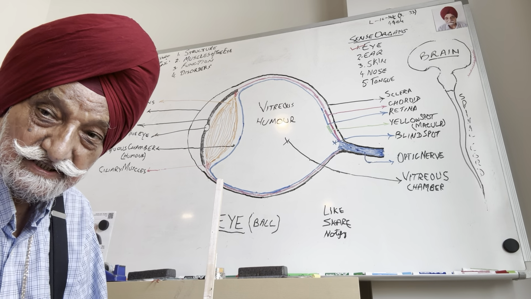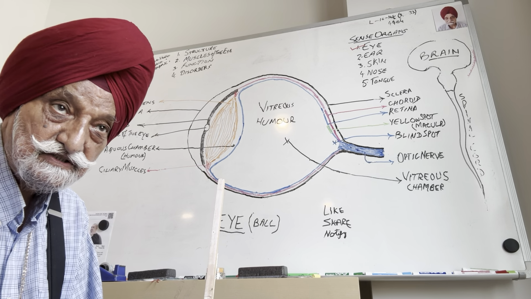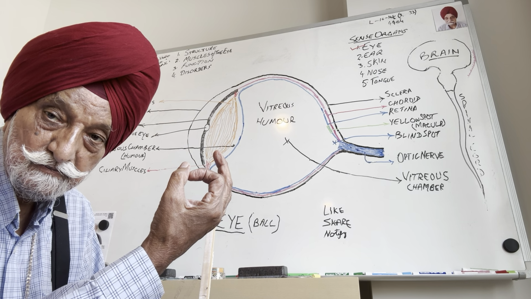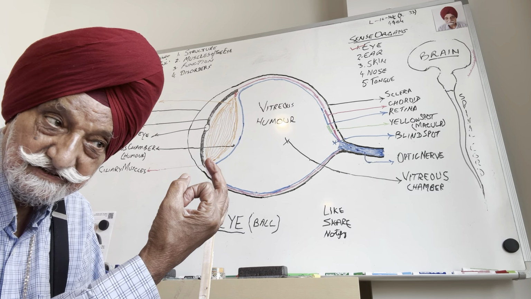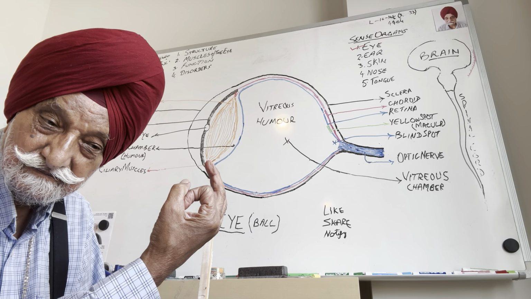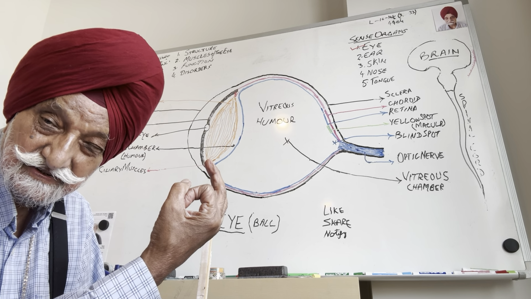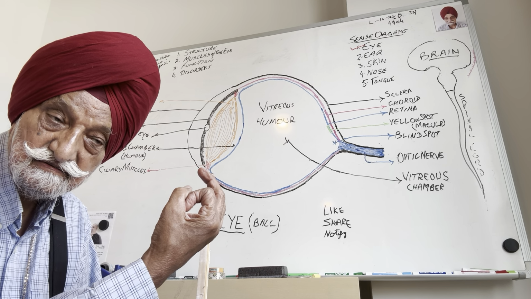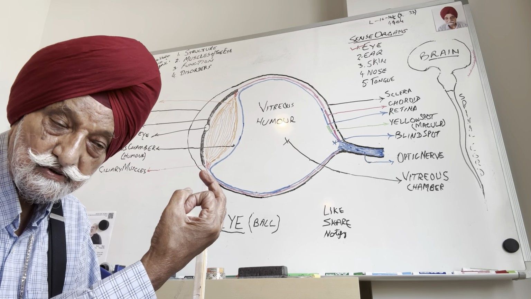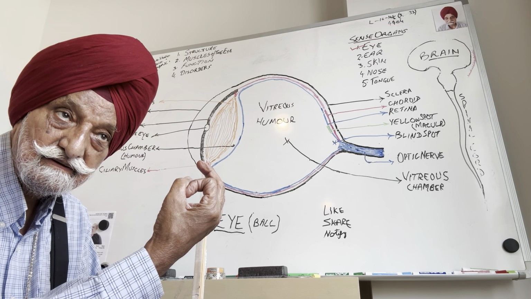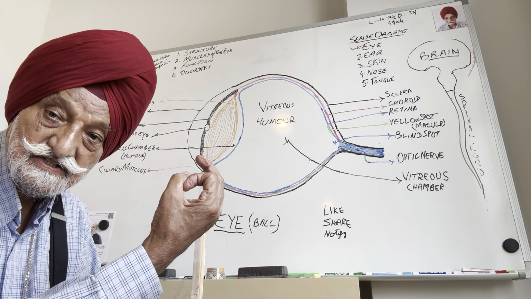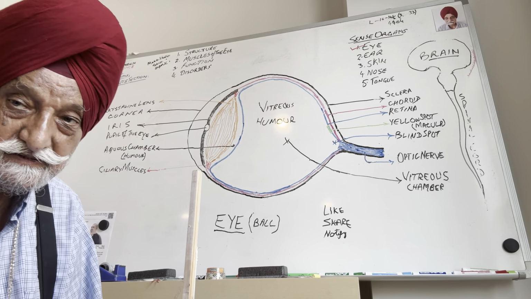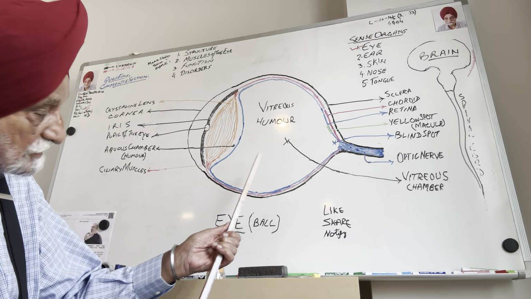If the intensity of light is more, the pupil of the eye closes so that less light goes into the retina or into the eye. When the intensity is less, it opens up so that more light goes inside to the retina.